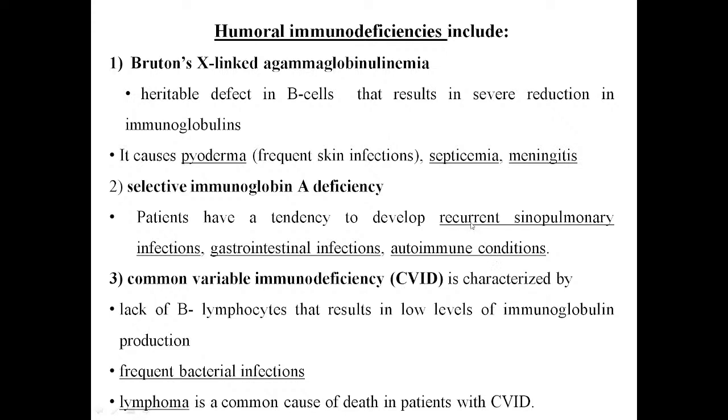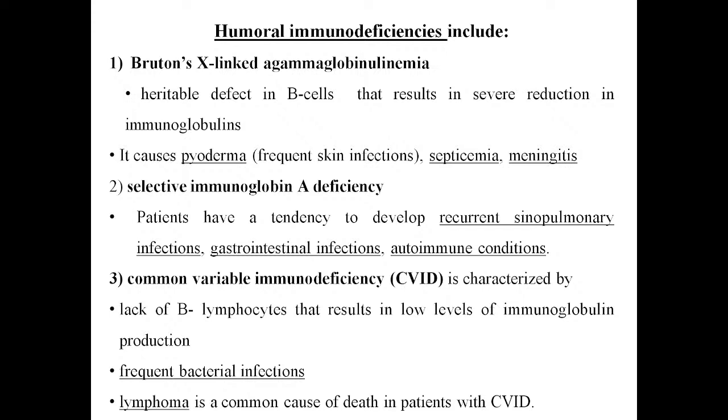Because there is no local defense, local protection in the mucosal membranes of respiratory tract and gastrointestinal tract, that's why patient is very susceptible to these infections. These human tissues are portals for entry. I remind you, these are organs and tissues where bacteria enter human organism.